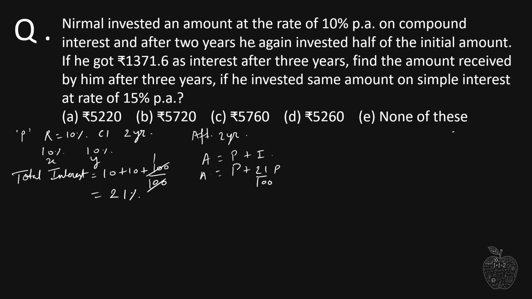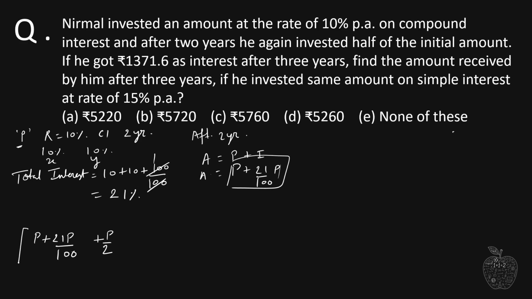Now the question is telling me that he invested half of the initial amount. The initial amount is P. He again invested half of the initial amount, which is P by 2, to the amount after 2 years, which is P plus 21P by 100. Are you getting it?